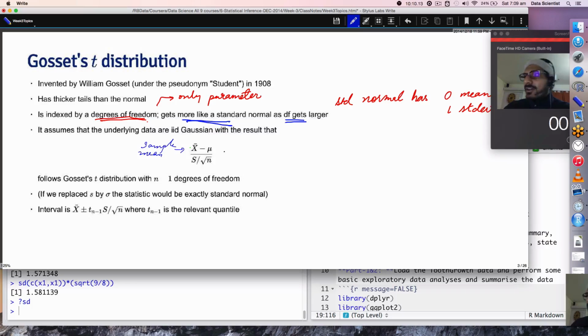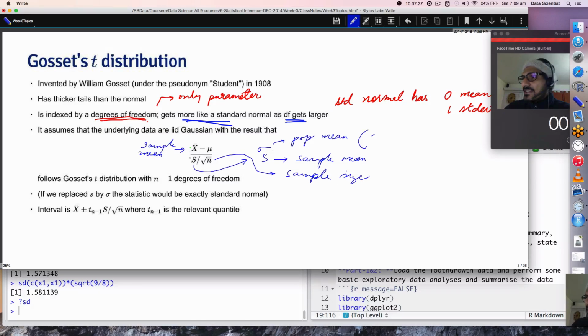And now here, instead of sigma, which is the population standard deviation and is used in the normal distribution case, we use S, which is the sample standard deviation, and n is the sample size.